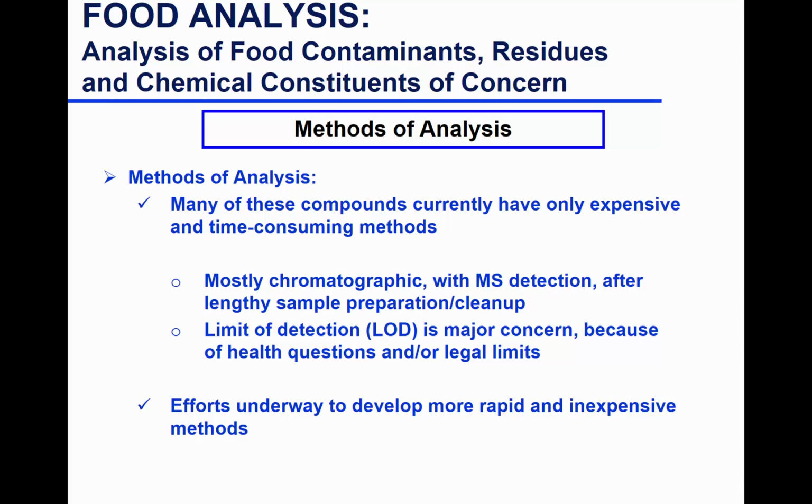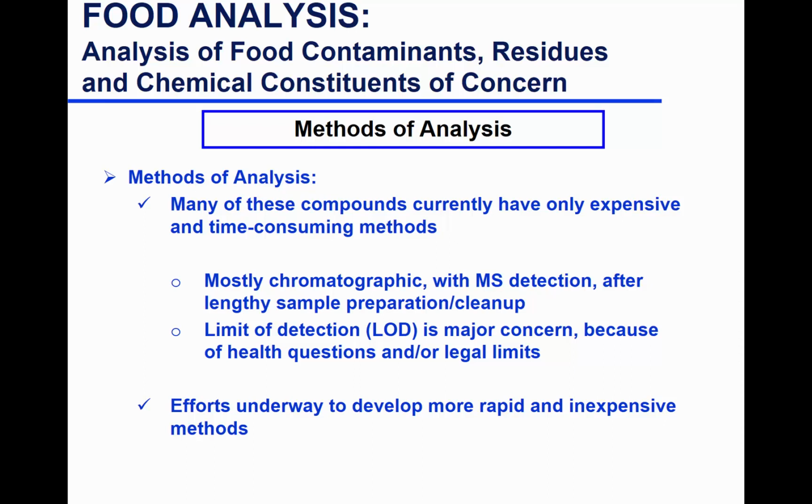Many of these contaminants, the methods of analysis are really tedious. That means time consuming and expensive, and mostly you're using chromatography and mass spectrometry for detection. And the sample preparation and cleanup is really lengthy. The limit of detection is a major concern because some of these are really toxic at very, very low concentration.